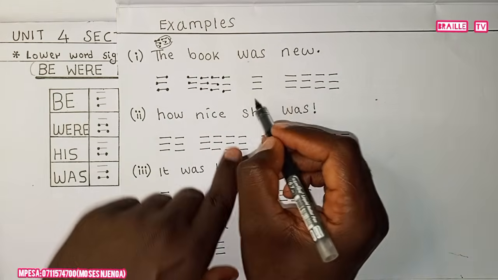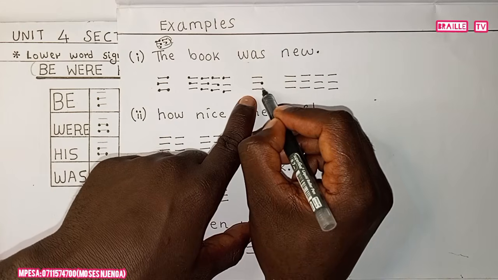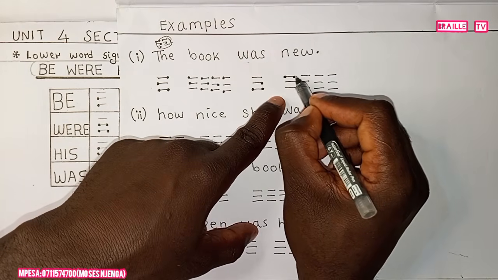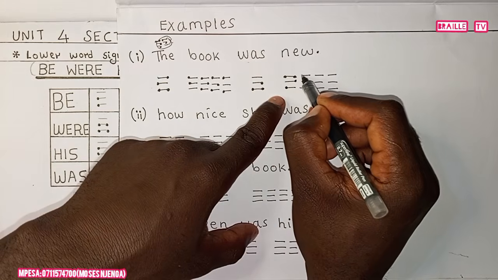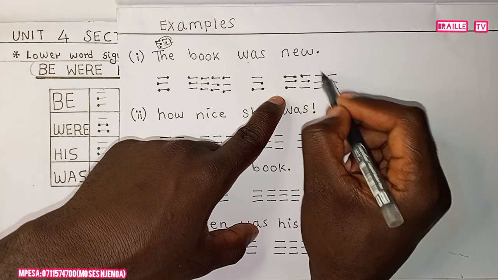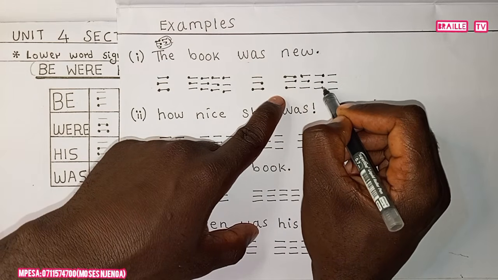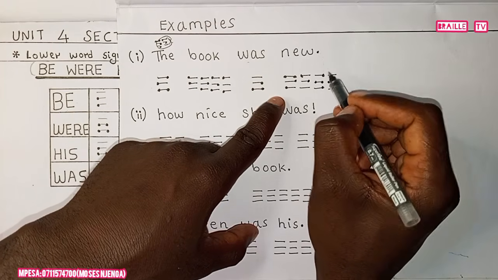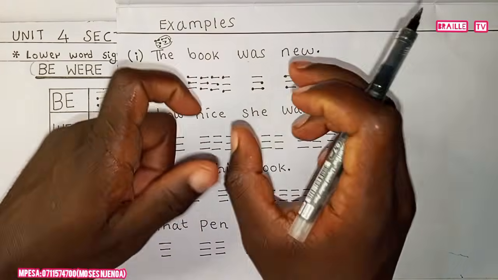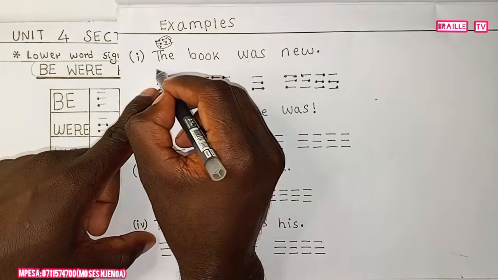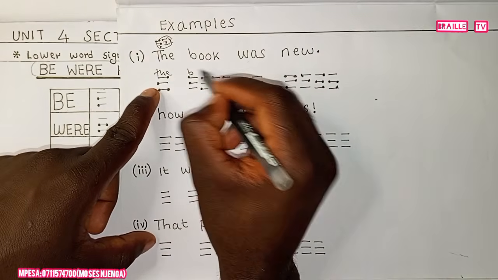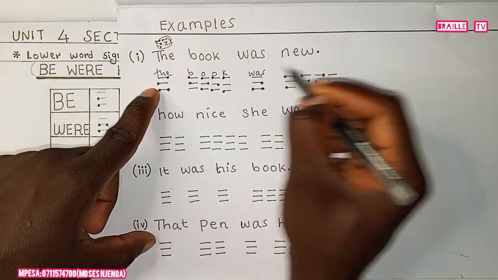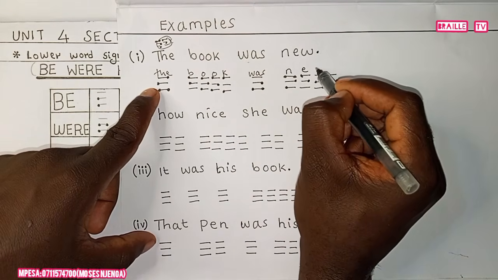Now this is what we are saying. So was is a lower j, and then new, you just spell out e, then w. I told you w is the mirror of r, and then full stop. So teachers, this full stop is very important. When it comes to Braille, make sure that when you see a punctuation, you consider it. So the book was new, full stop.